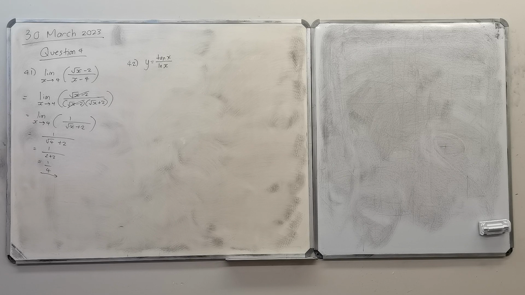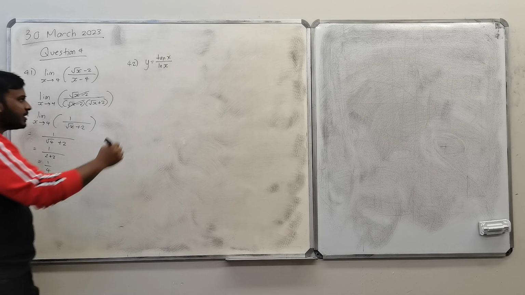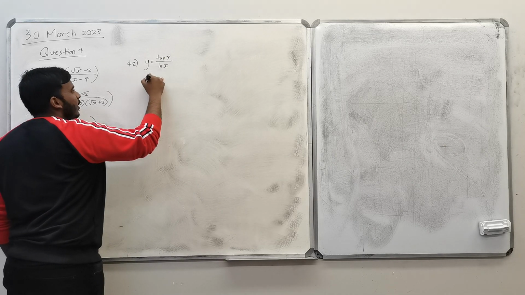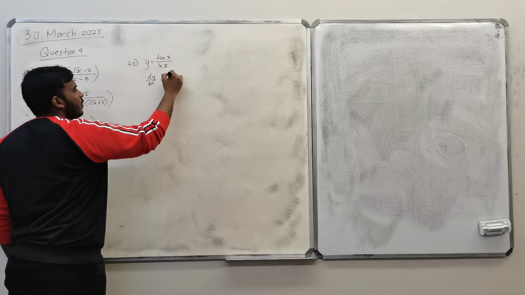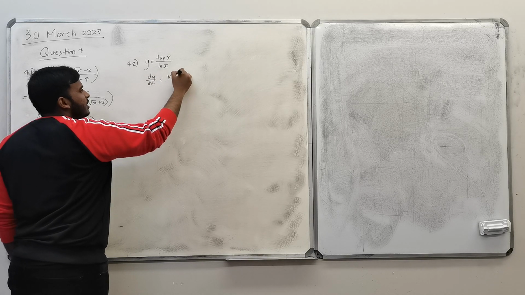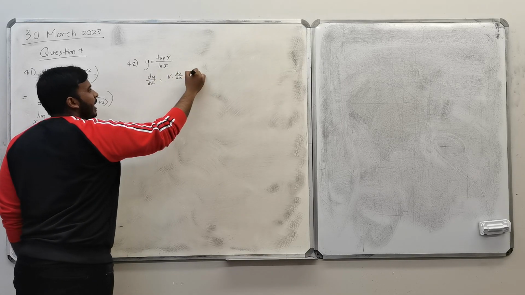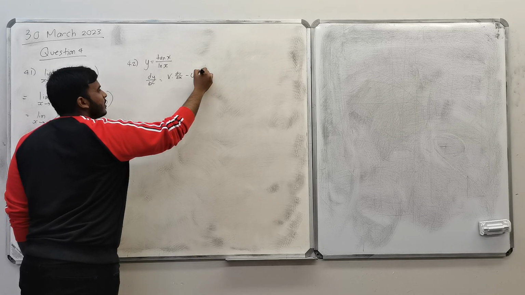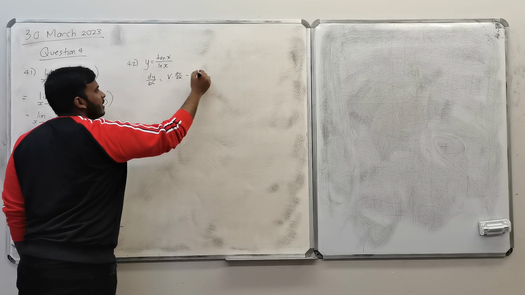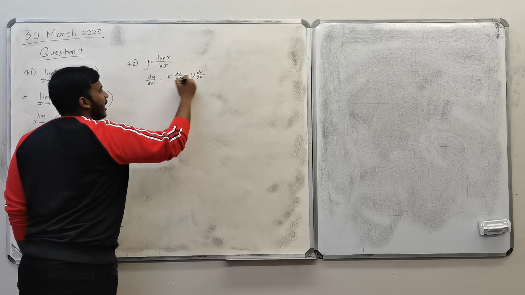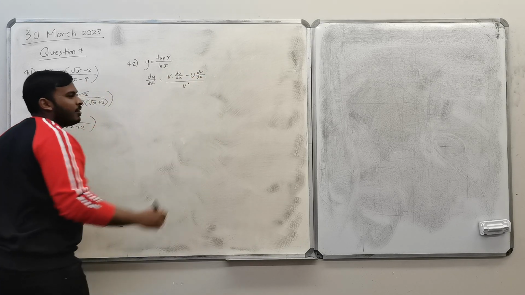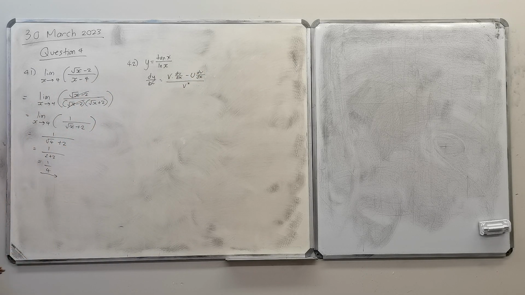Now, what is your quotient rule? Your quotient rule says that dy over dx is equal to v times du over dx minus u times dv over dx, all over v squared. All agree? That's the rule for the quotient.